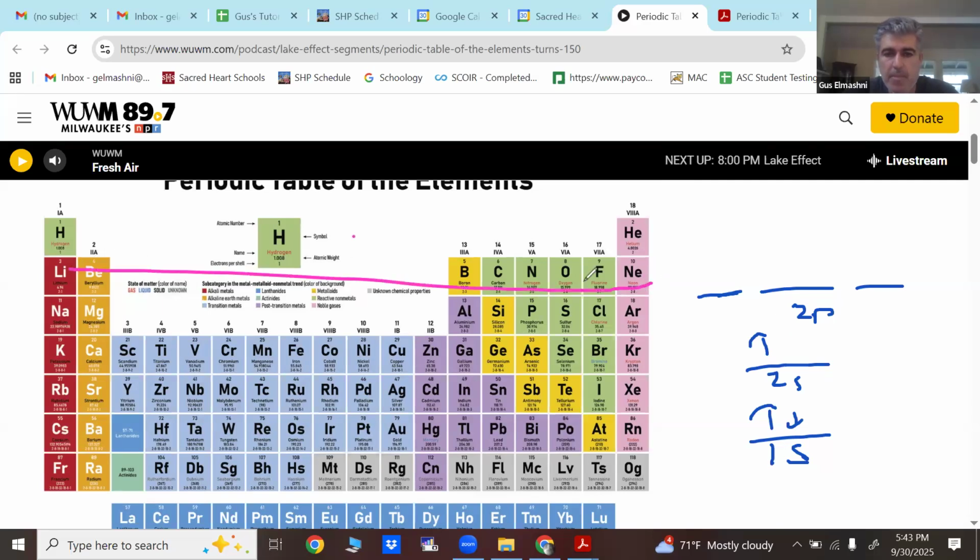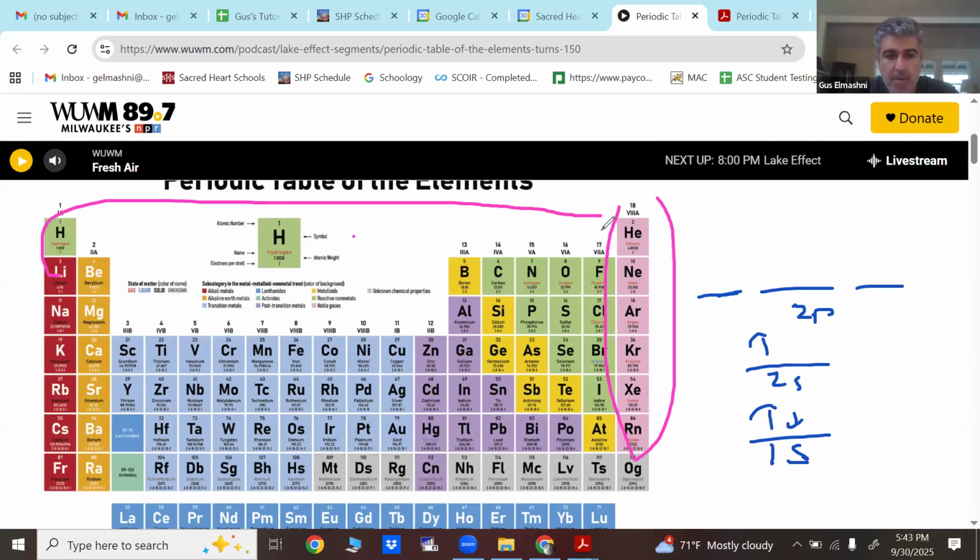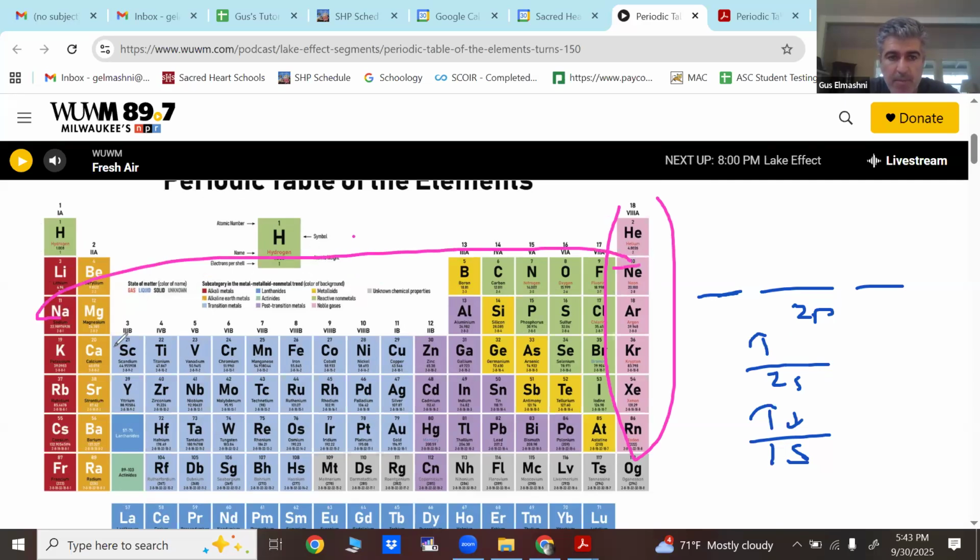If it wants to become one of these stable noble gases, it would rather give up an electron and go backwards to get to helium. Sodium would give up an electron to go backwards to get to neon. Potassium would give up an electron to get to argon. So they'd rather give up an electron. Like, here, take it. Cool, I'm now stable.